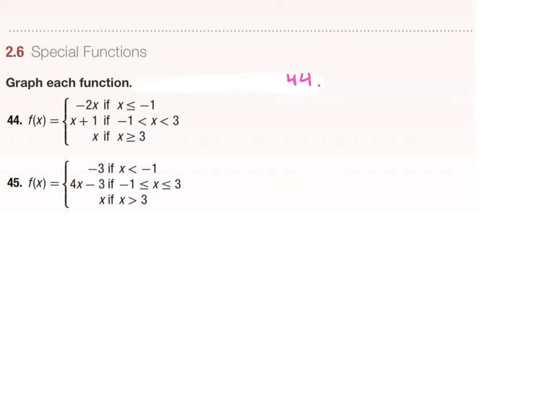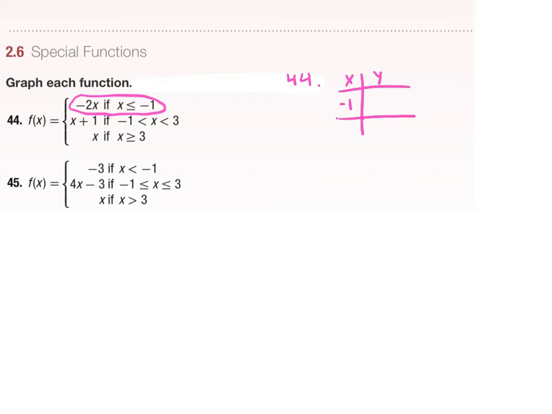What do we have to do to graph our piecewise functions? So we plug in -1 to x. Remember, for everything, we're going to plug in two numbers. So we're going to plug in a number for x and get a number for y. So in our first part, we plug in -1 first.